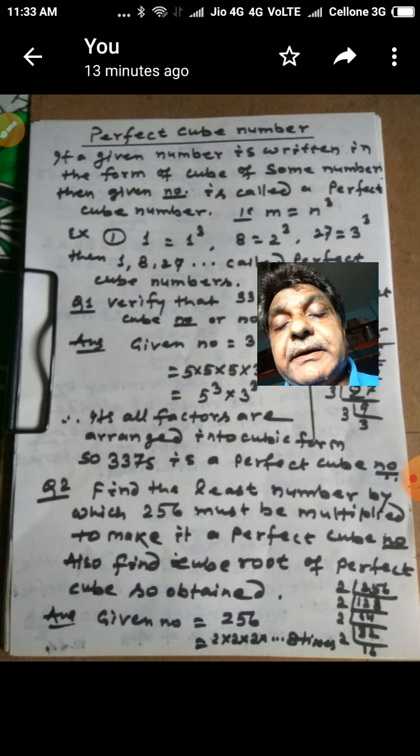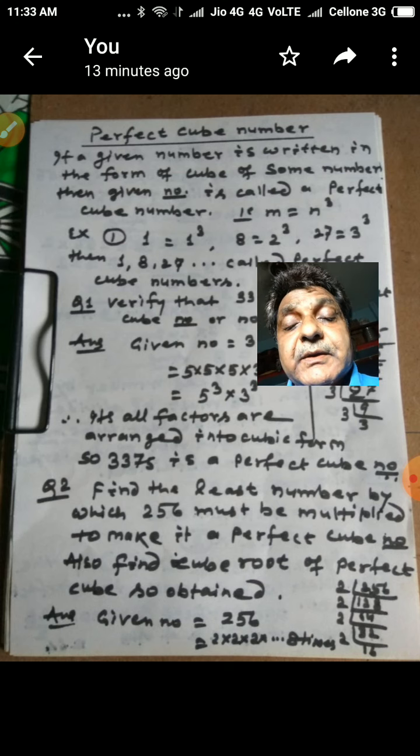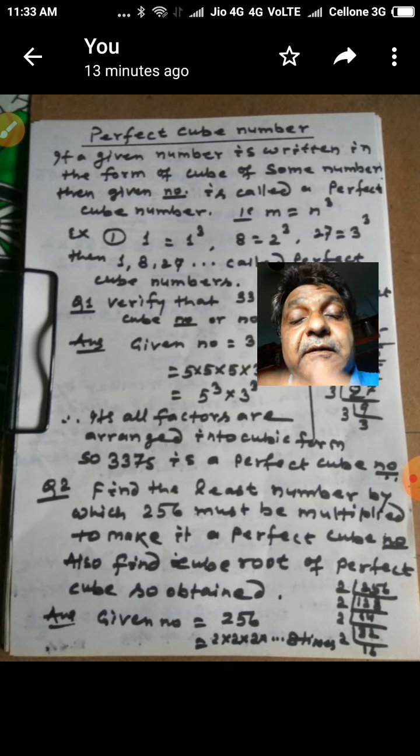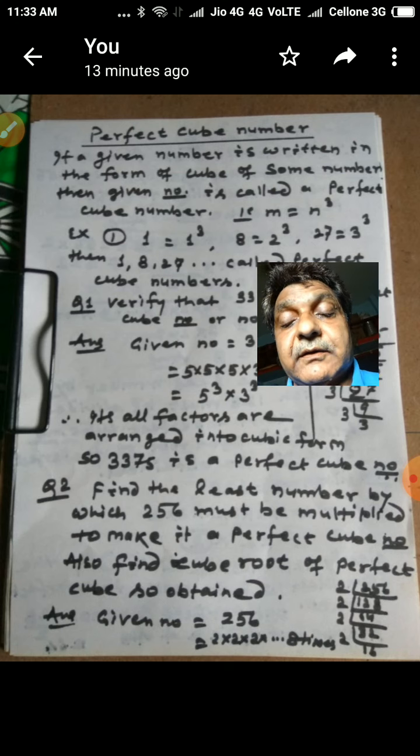First is to find the smallest number by which 256 must be multiplied to make it a perfect cube. This clearly indicates that 256 is presently not a perfect cube, so we have to multiply it by a smallest number to make it a perfect cube.